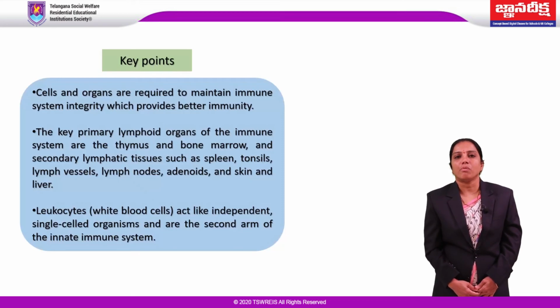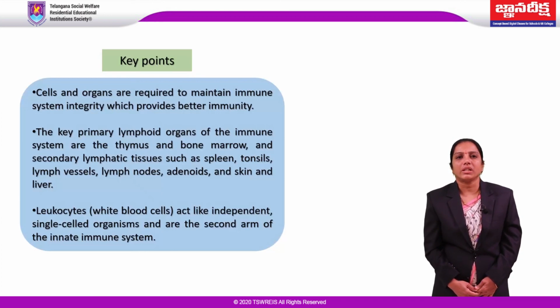In case of birds, the bone marrow function is performed by the bursa of Fabricius, and secondary lymphoid organs are spleen, tonsils, lymph vessels, that is a large lymphatic system, lymph nodes which are present throughout the body, which provides a protection from an antigen, adenoids, that is tonsils located at the throat and tongue region, MALT, that is mucous associated lymphoid tissue, which is present at all the mucous epithelial cells lining the respiratory, digestive and urinogenital tract region, and GALT, that is gut associated lymphoid tissue, mainly which is present like Peyer's patches in the cecum region.